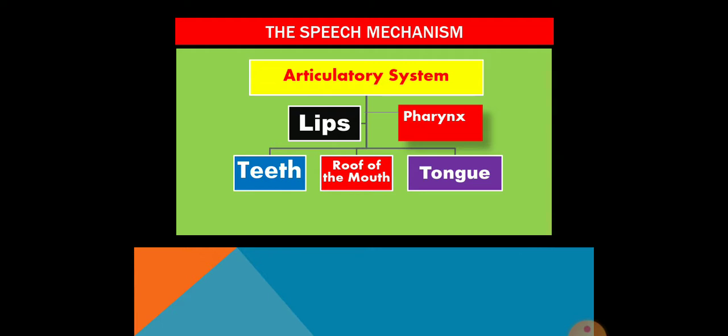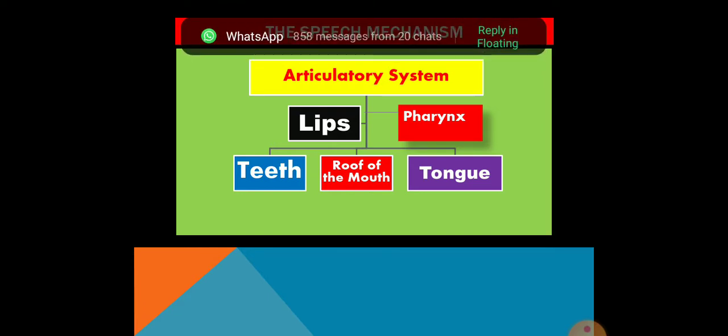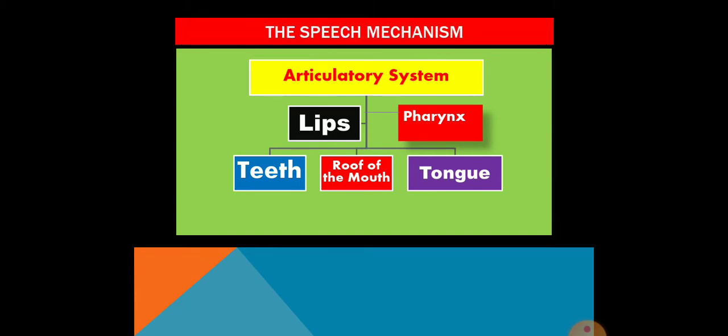For the next two organs of the articulatory system, we will see the next part in detail, because these two organs are further divided into subparts. Hope you all understand this. So let's see the next organs of the articulatory system.